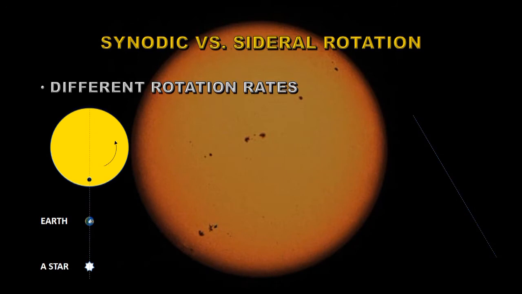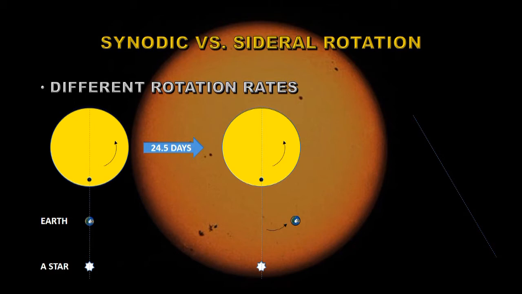When you look up the solar rotation rate, you may find a number of different values. That's because there's two different types of rotation that are often quoted. In the bottom left here we have the Sun with a sunspot on it, that's the yellow disk, lined up with the Earth and a distant star. Now 24 days later that spot will be back aligned with the distant star.